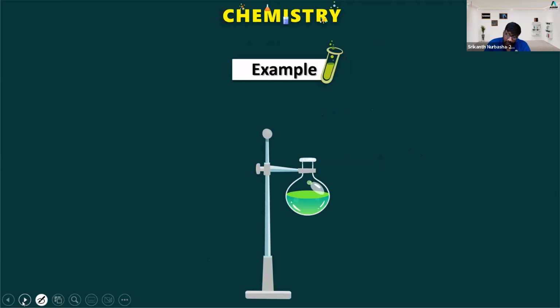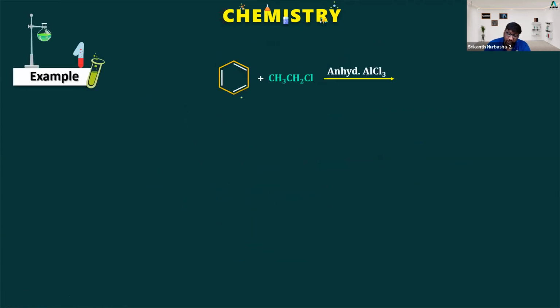So let us look at different examples. What happens in this case? Benzene reacted with CH3CH2Cl. You have benzene, CH3CH2Cl treated with AlCl3 to form the respective CH3CH2 plus and AlCl4 minus. That CH3CH2 plus will not undergo rearrangement because that is the only stable carbocation possible.